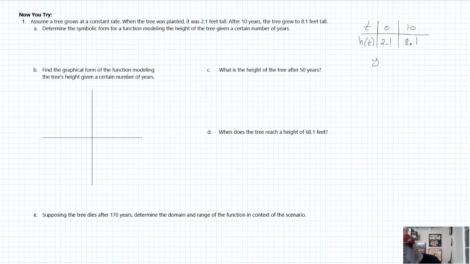So we can see the y-intercept is (0, 2.1). And then the slope is going to be 8.1 minus 2.1 divided by 10 minus 0. It's going to be 6 over 10, and we can reduce that to 3/5.